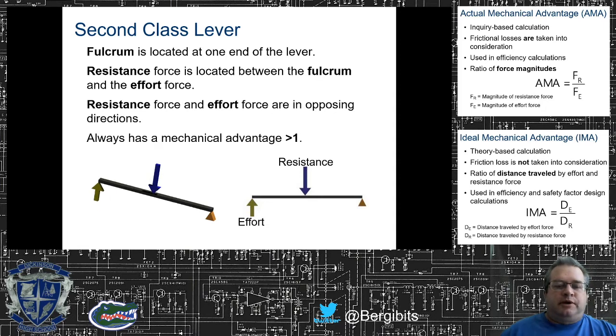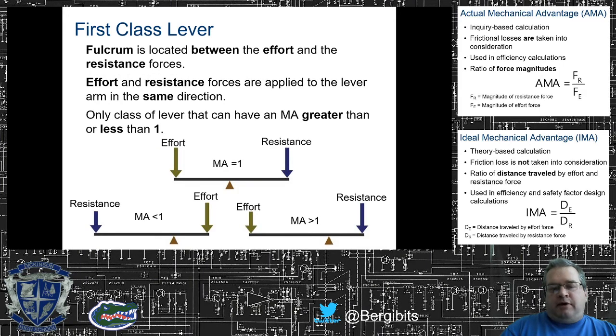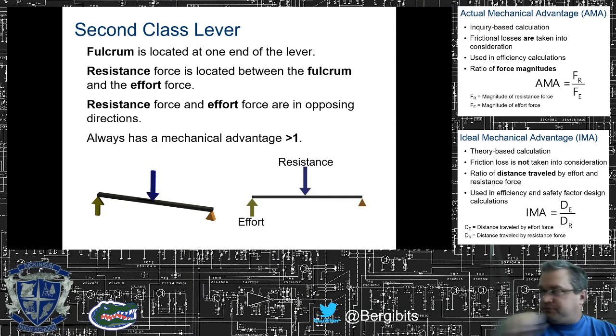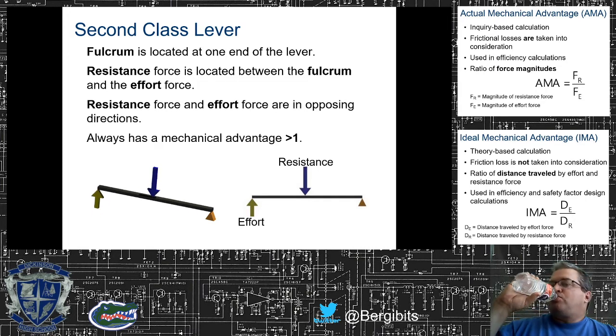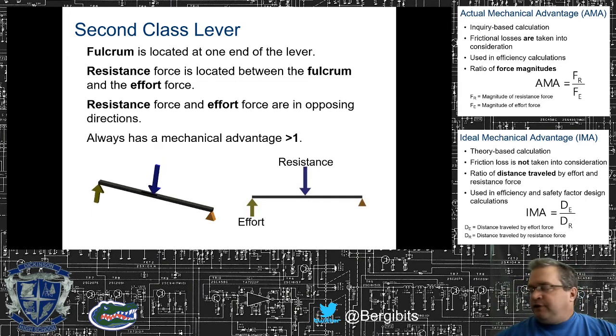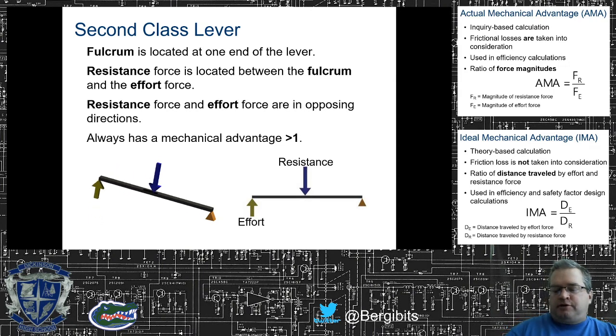Second class lever is, oh, let me back up real quick. You can have a mechanical advantage of greater than or less than 1 with the first class lever. It's important to know. Okay, second class lever: resistance and effort are in the same direction. Mechanical advantage is always greater than 1.